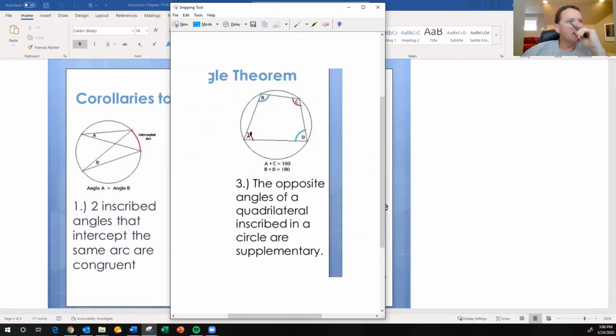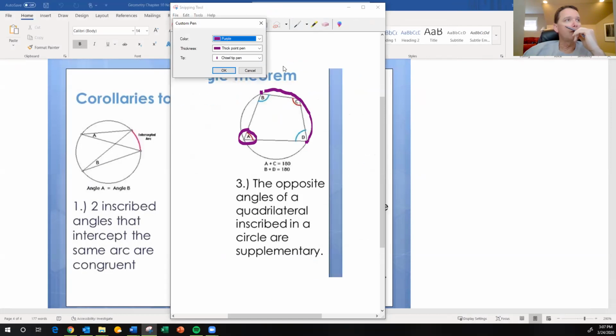And now I want you to look at angle A. It cuts off an arc that goes here. Okay? I don't know what the arc is. I don't know what the angle is. But if I were to change this, watch me, wait for it, and I look at angle C instead.